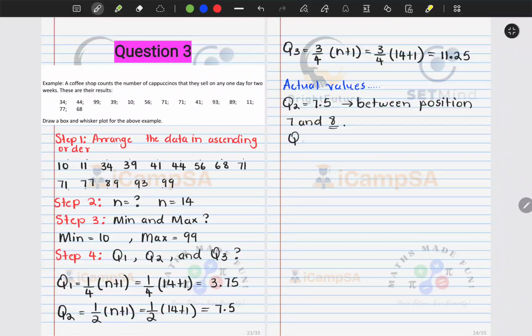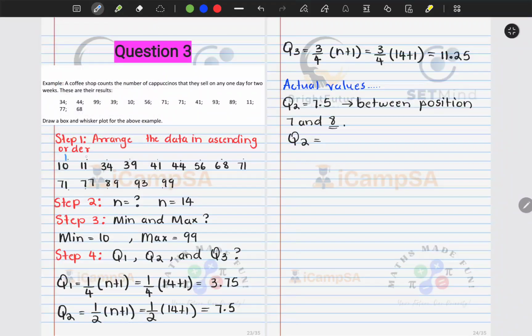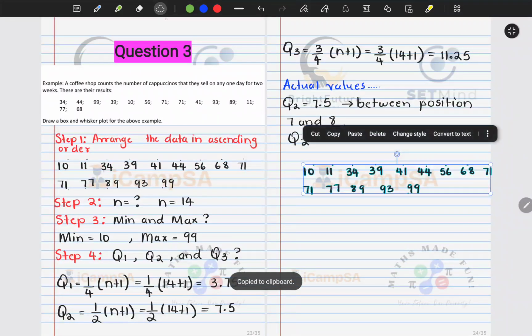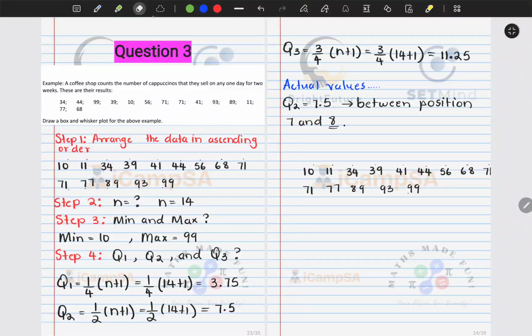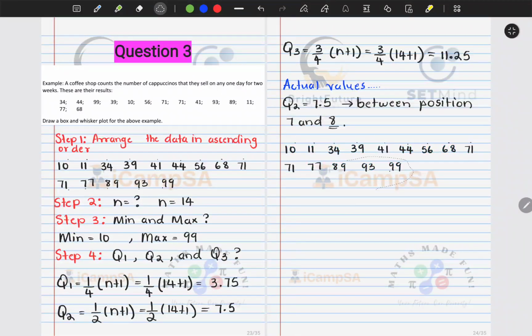So it means that our actual Q2 will be, so let's go and figure out what is at 7. So this is 1. Well, maybe let me copy this to here. Okay. Let's erase this up here. And let's move with this.